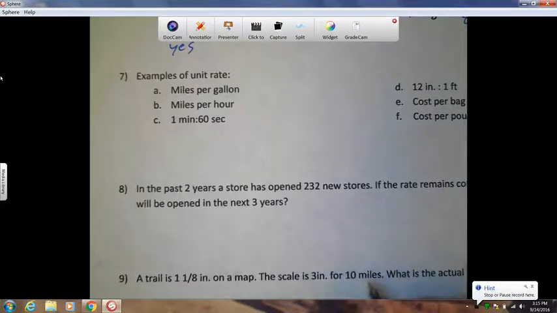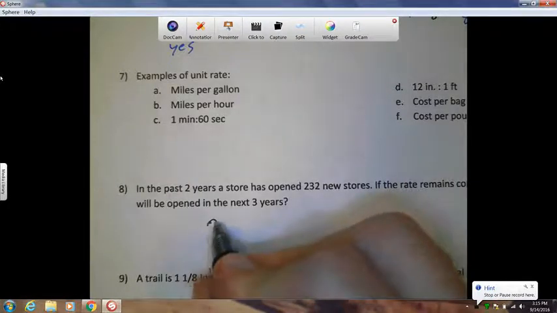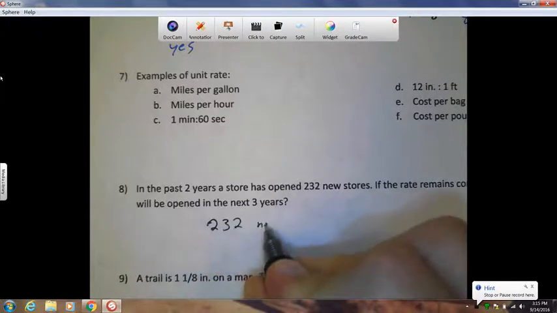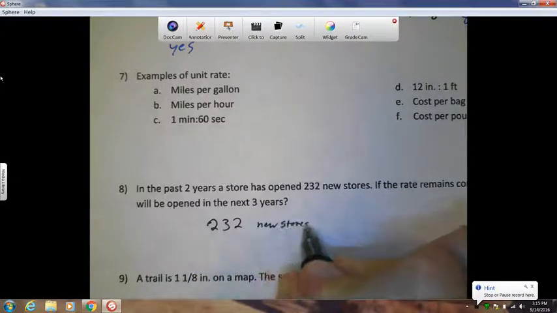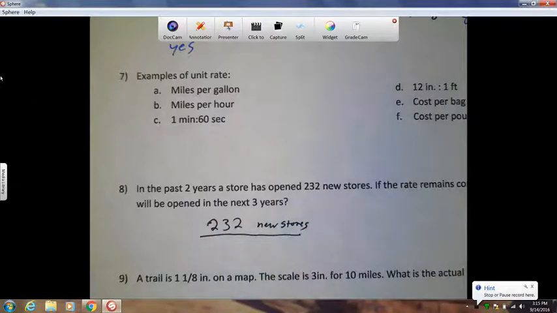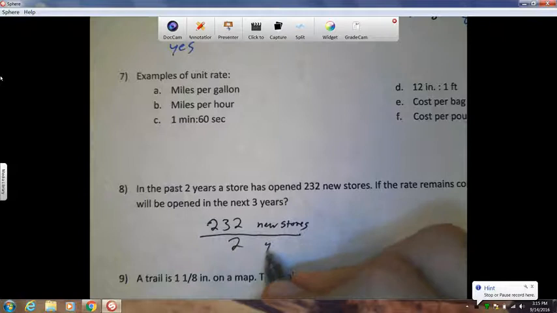So there's several ways to do this. One is to find the unit rate. If I have 232 new stores, making sure to label it to use units will help you. 2 years, so I can divide that.